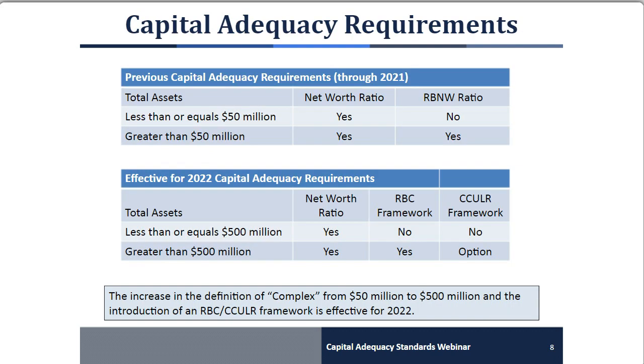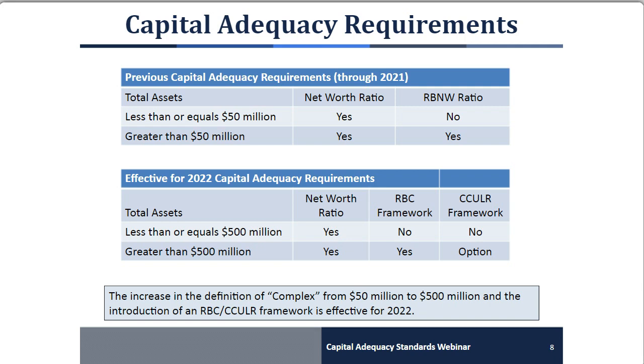This slide illustrates at a high level how the capital adequacy standards are changing for all credit unions. The top chart illustrates what the capital adequacy standards were up until December 31st, 2021, using the net worth ratio and the RB&W ratio.